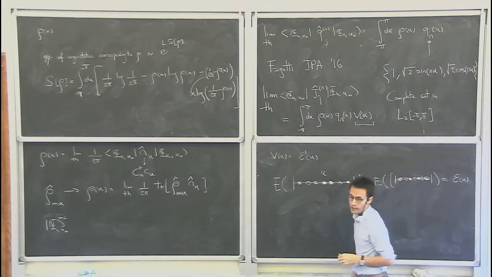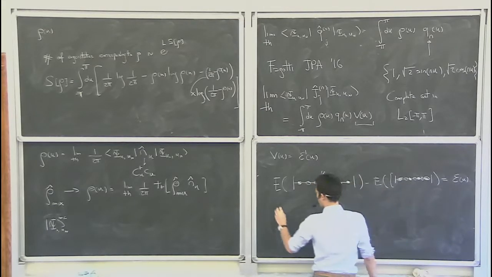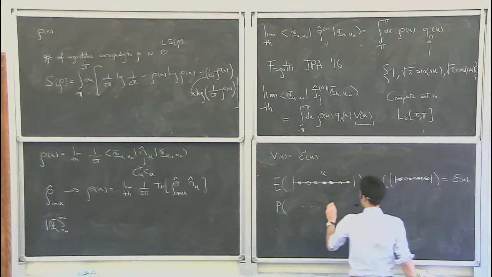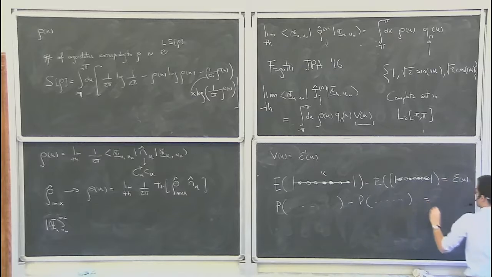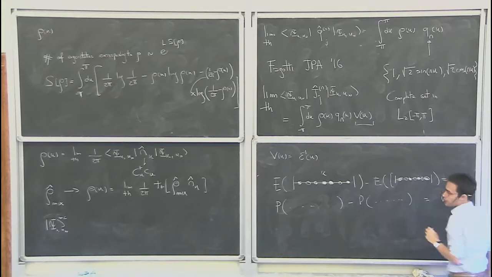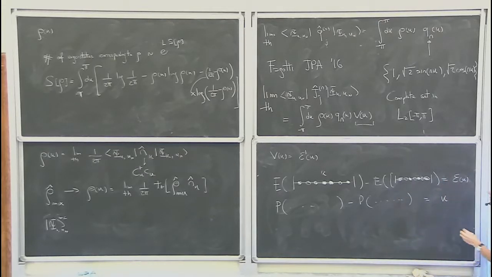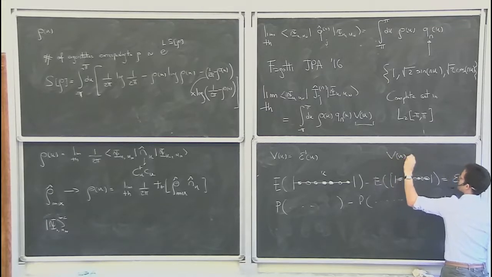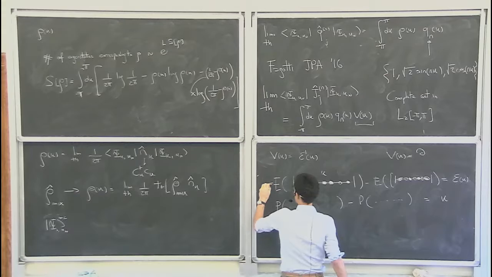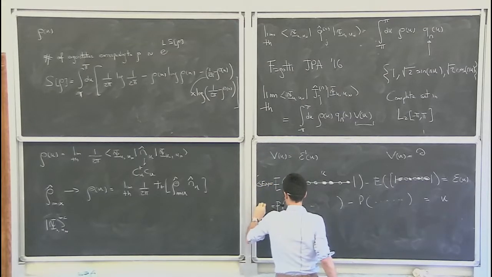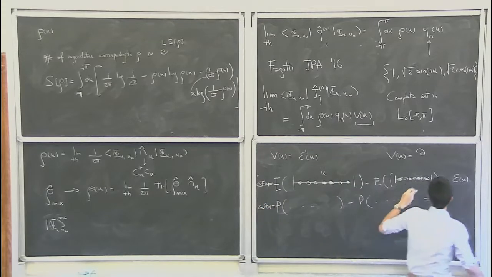Then you can do the same for the momentum: you take P of the same thing minus P of the same thing, and you find k. All right? And now the group velocity of elementary excitation is, by definition, vk, the derivative of this delta energy of k with respect to delta P. So it's basically this.